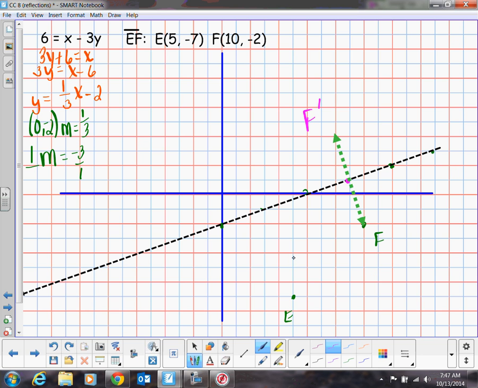So if I go up 3, which way do I go to keep it negative? Left. There's 1 time. And then what? And how many times did I have to do that to fall on the reflection line? Twice. So from here, we're going to do it twice. 1, 2, 3 over 1. 1, 2, 3 over 1. There is your E prime.